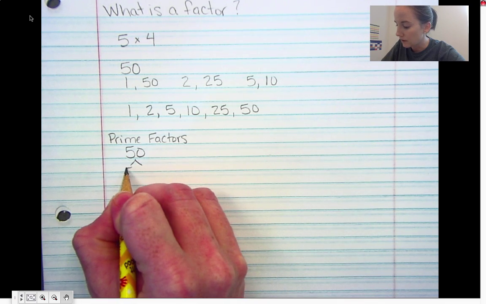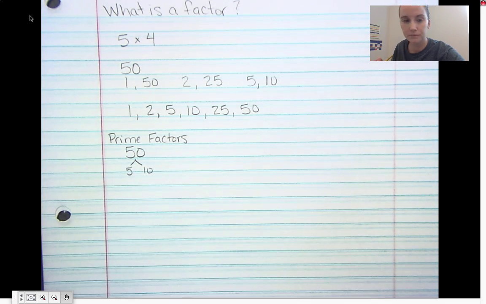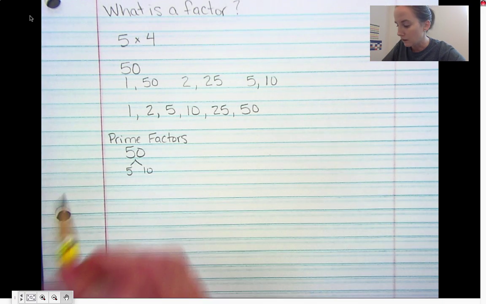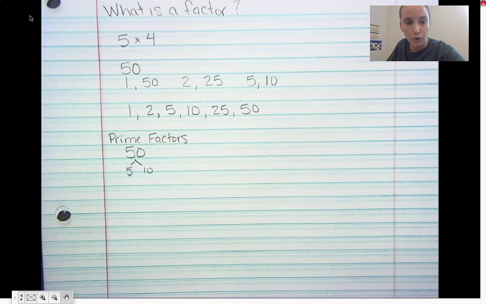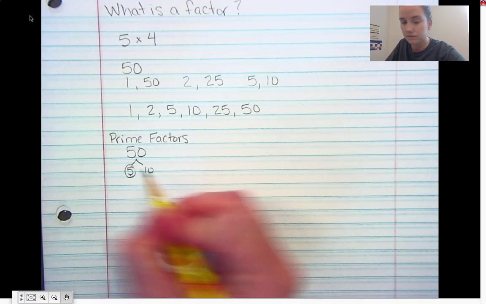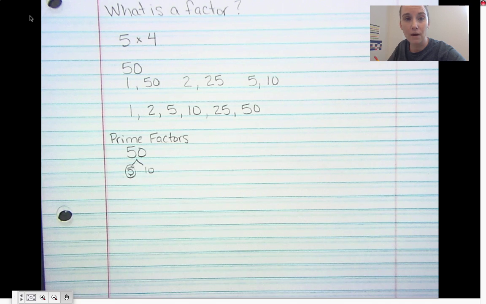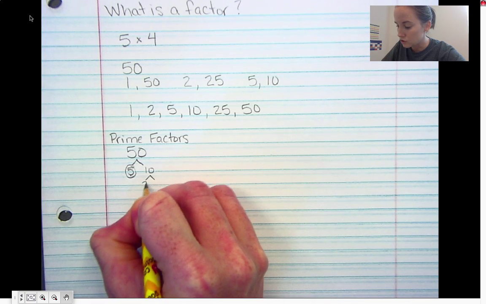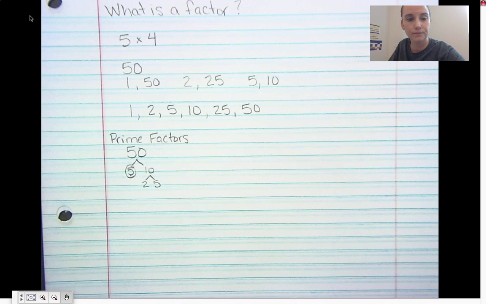So I'm going to say 5 times 10. Those two numbers, when multiplied, will give me 50. Now 5, the only way to make 5 by multiplying is to multiply 1 times 5, so it is prime. We circle it. 10, however, can be broken down further into 2 times 5.